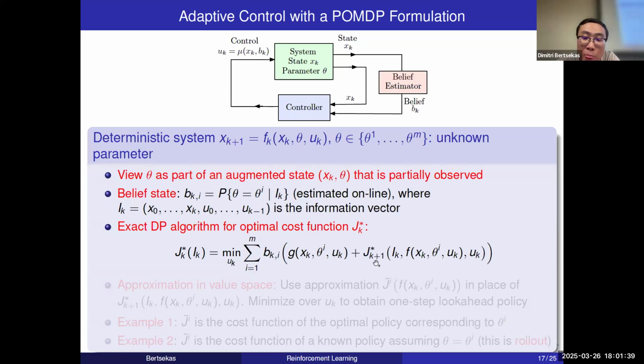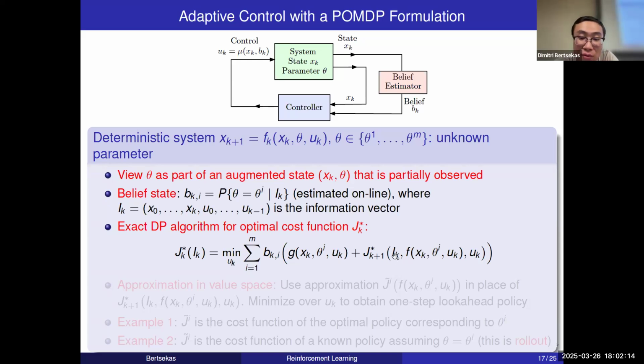It's a sum of Q factors of this form, whereby the weight of the sum is the belief of the true theta equal to theta i, and you plug in that theta i in the stage cost as well as the optimal cost of the future state. And this is the information vector at stage k plus 1, right?